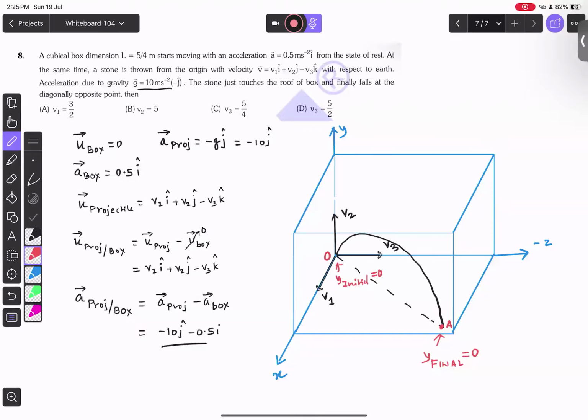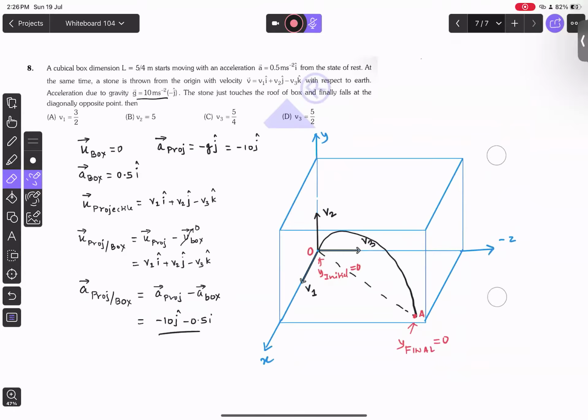Correct, no? So tell me, when the projectile hits the ground, anyone got the answer? Can you find the time of flight? I'll give you 1 minute. Everyone try to find the time of flight.